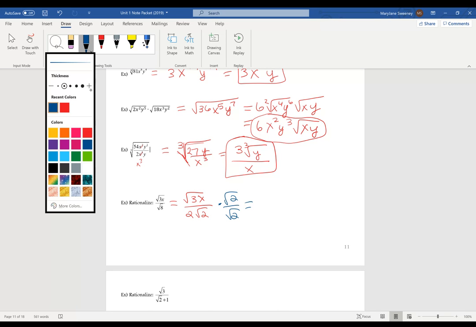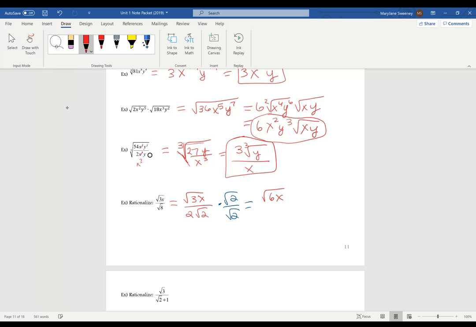And I only have to do that with the radical 2 because that's the one that's giving me the problem. That's the one that is a radical. So this is radical 6x over 2 times radical 2 times radical 2 is 2. So this is radical 6x over 4.